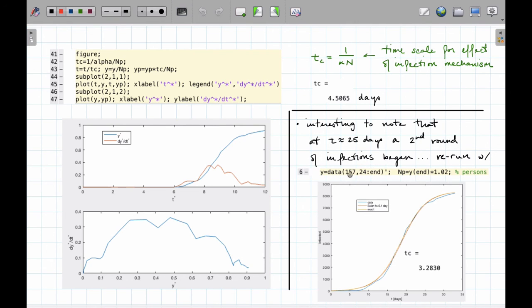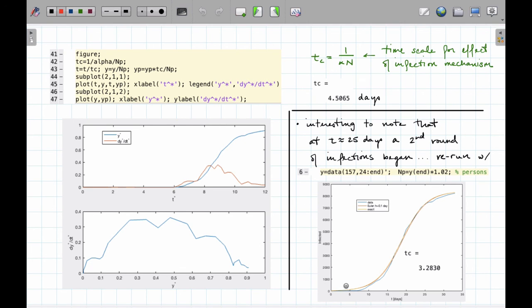And so if you were to retool our data here by taking, instead of all the data, just day 24 and up, and then also change the number of persons that are going to be totally infected to the last value times 1.02, slightly larger than the last value, you're going to get a different value for our behavior, and tc will drop. So now it takes much less time, only about 3 days, whereas before it was taking over 4 days to see the effect of community spread.